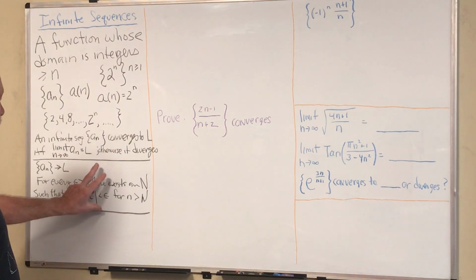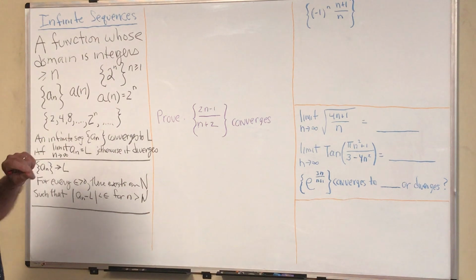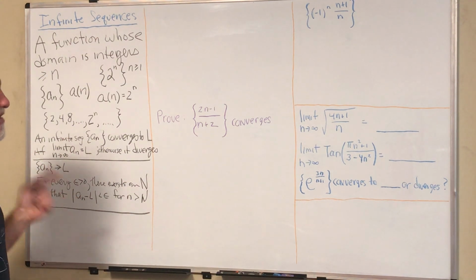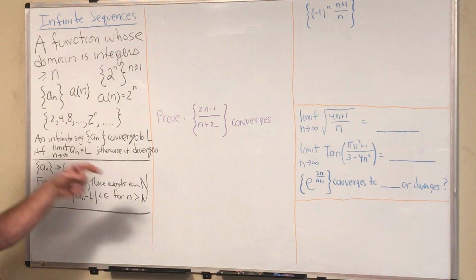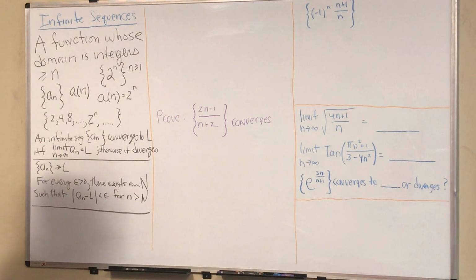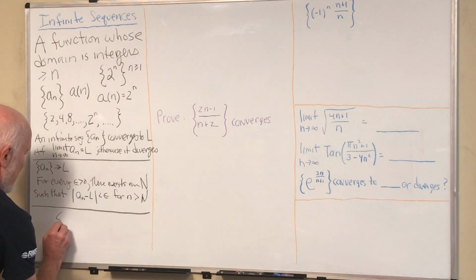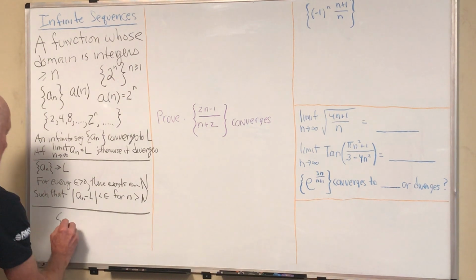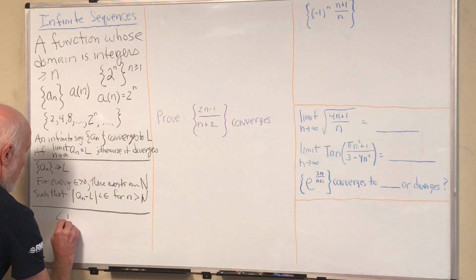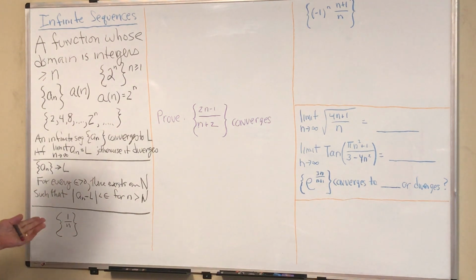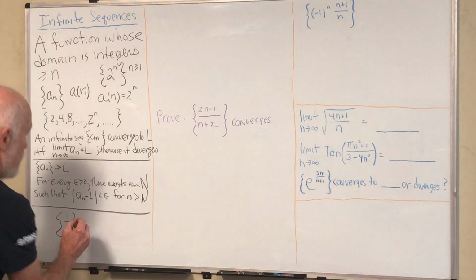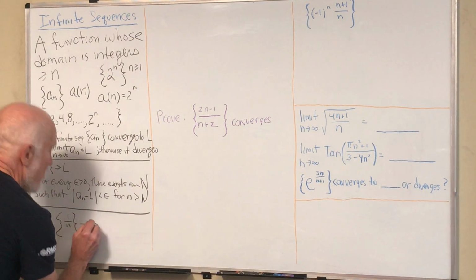But I'll show you why it's so nice to have that. So let's just take a fairly simple example and show how we could use this definition to show that a sequence converges. So say you had the sequence 1 over n. We're going to try to prove that it converges to 0.